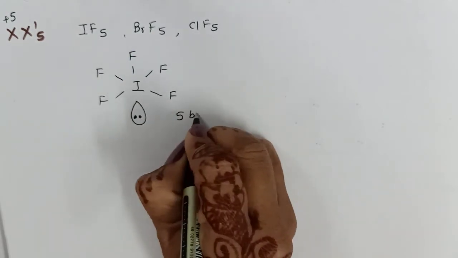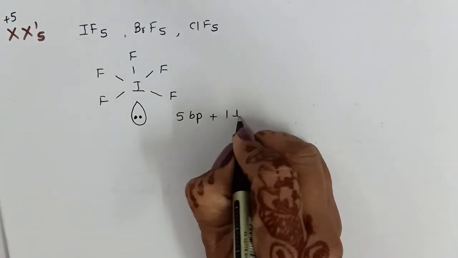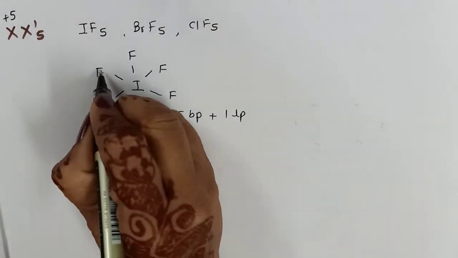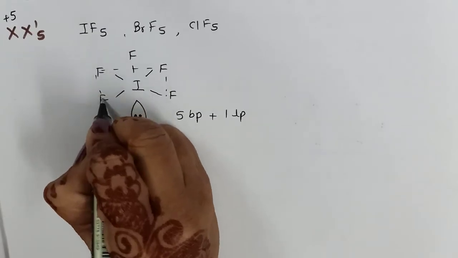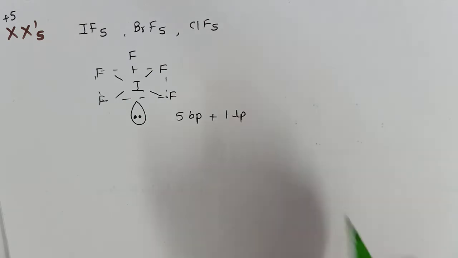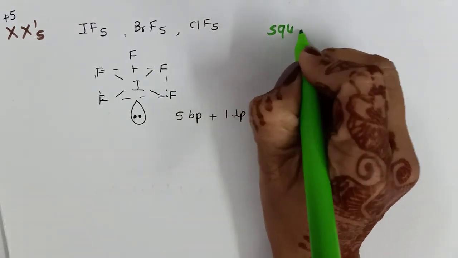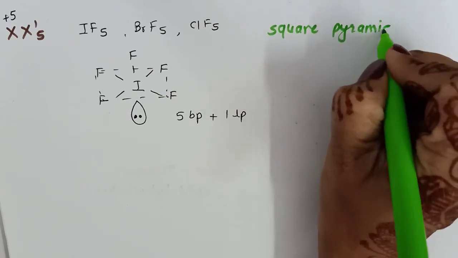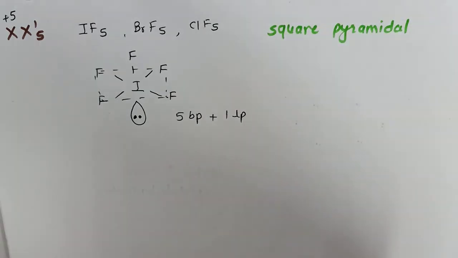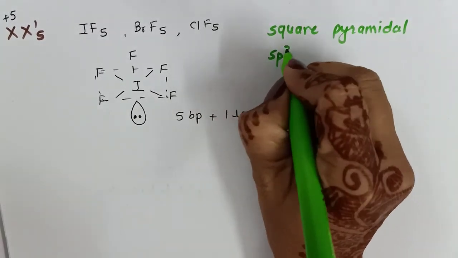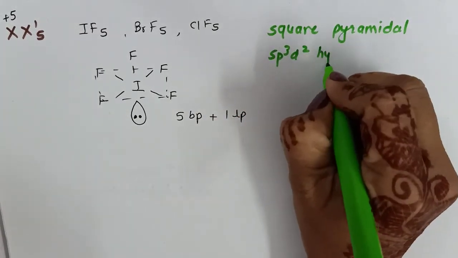So it will show 5 bond pairs and 1 lone pair. From this we can predict the structure. It forms a square pyramid. So the structure shown by interhalogens of the type XX'5 is square pyramidal. And the type of hybridization of the central atom will be sp3d2 hybridization.